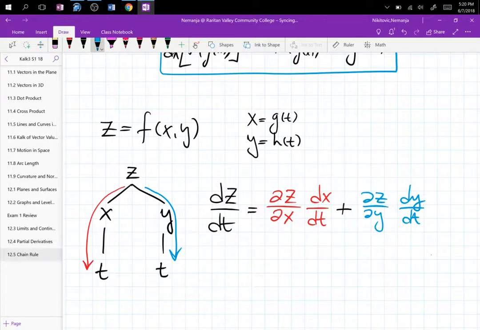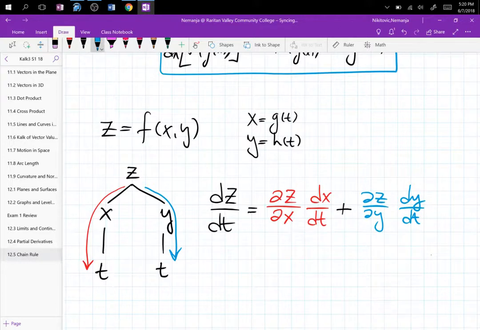So, guys, you have to construct this formula from the tree every time. Every problem that we write in Calculus 3 to take the derivative by chain rule is going to have a different formula. Right? I showed you Calculus 1. One formula fits all of the problems. Calc 3, each problem has its own formula. So, you use information to create the tree.